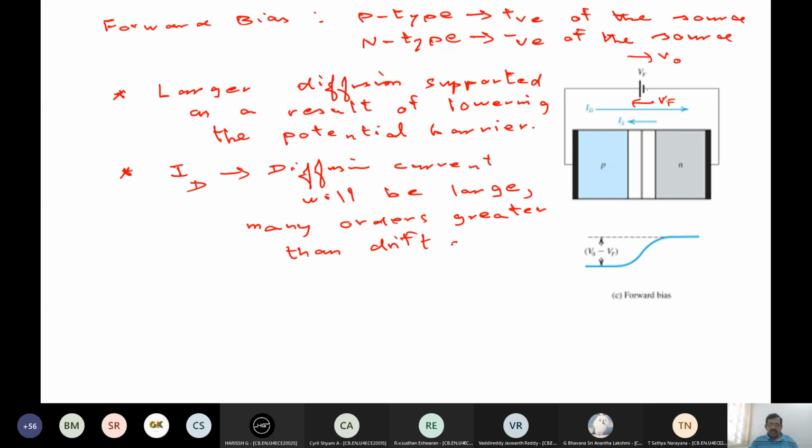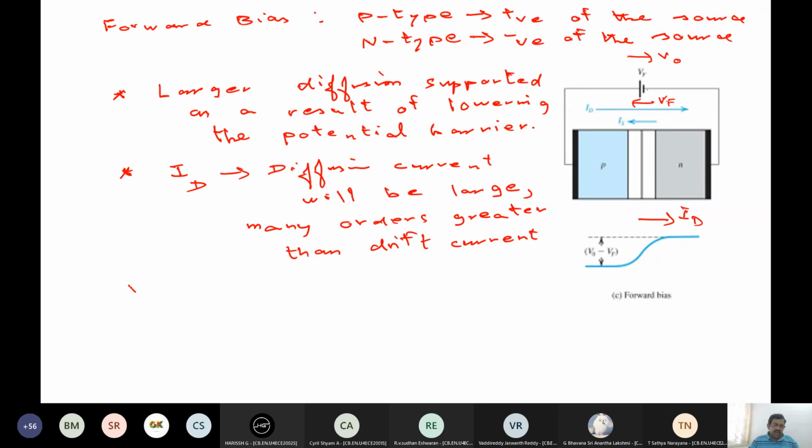We already said that the directions of the diffusion current and drift current are opposite, so the diffusion current will be in this direction. That is why this arrow is drawn intentionally longer compared to the drift current. ID is much greater, many orders greater. Typically, if milliamperes here, the drift current will be in microamperes or smaller.